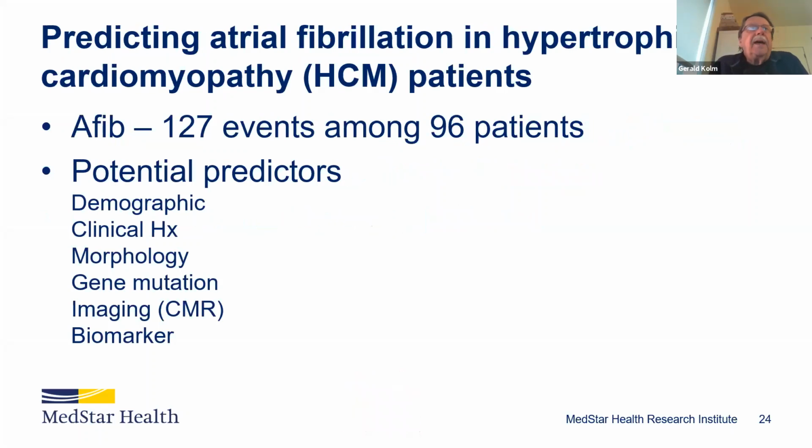It turns out that we had a total of 127 events among 96 patients. Then we had a large number of potential predictors, demographic, clinical, morphology, and so on, that I talked about last time. We had some 2,300 patients, so only 96 of those actually had an AFib event, but some of them had more than one event.